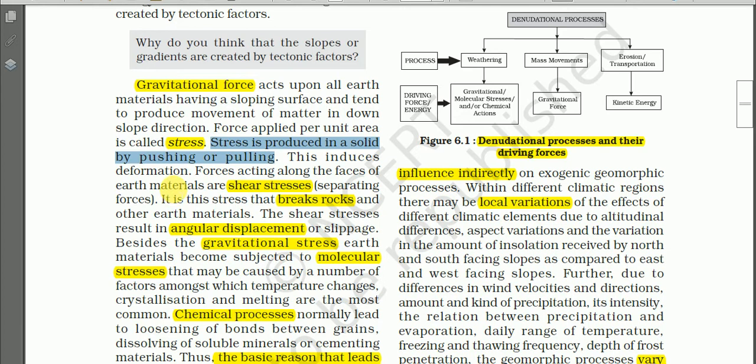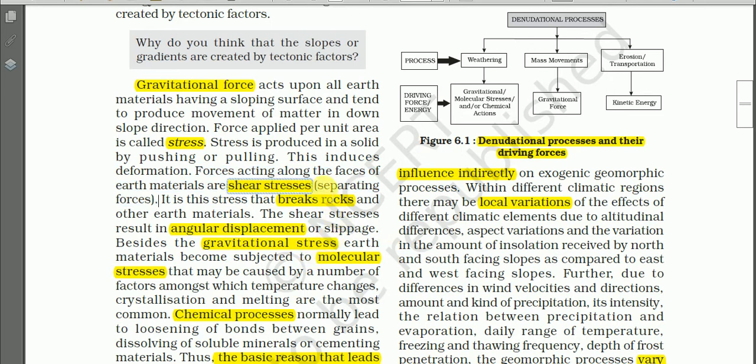Stress is produced in a rock body by pushing or pulling, and this induces deformation. So because of stress, the rocks are deformed and the shape is changed. Forces acting along the faces of the earth material are called shear stresses.